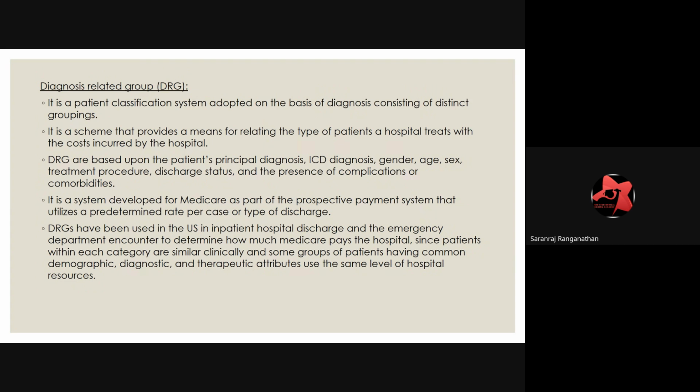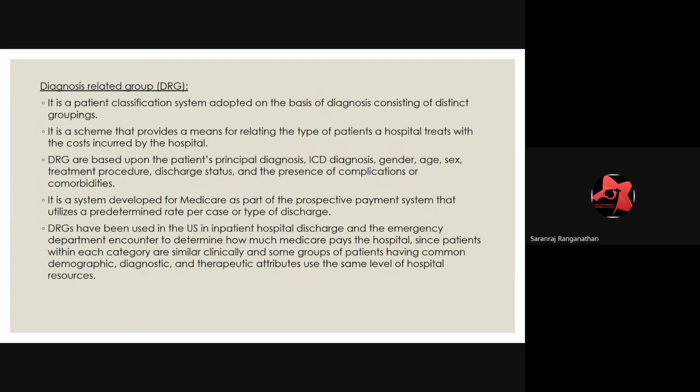DRG is based upon the patient's principal diagnosis, ICD diagnosis, age, sex, treatment procedures, discharge status, and the presence of complications or comorbidities. So for a particular abnormality, a particular gender, a particular age, when we give this treatment, it comes under the DRG procedure.